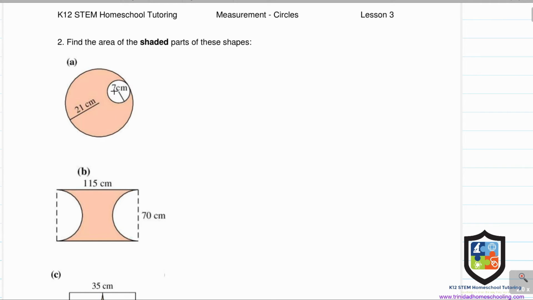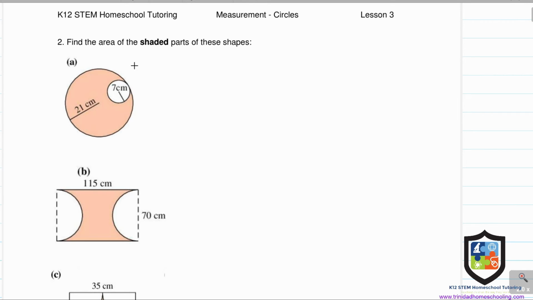Now, if we wanted to find the area of this shaded part, the best way is to find the area of the larger circle and subtract the area of the little circle, and you will get the area of the shaded part. Okay, this is just like if you have a cake and somebody takes a cup and sticks it into the cake and scoops out a circular part of the cake, right? We want to find the area of the remainder.